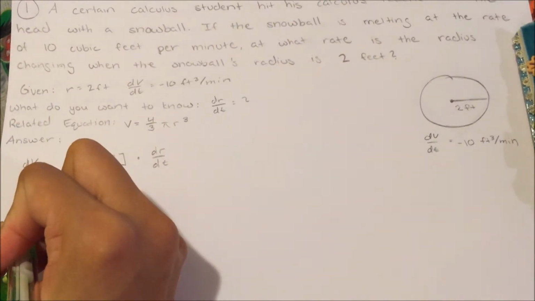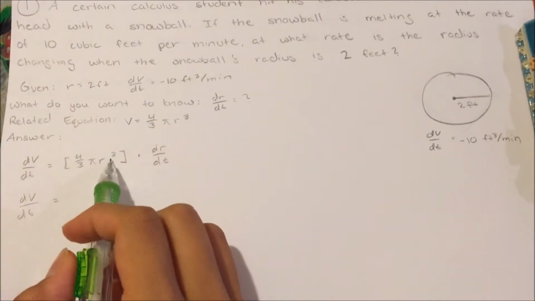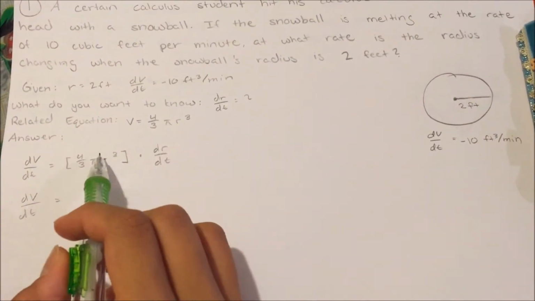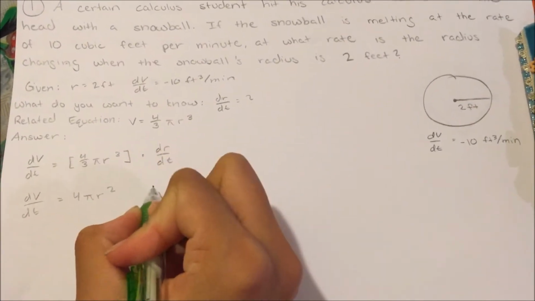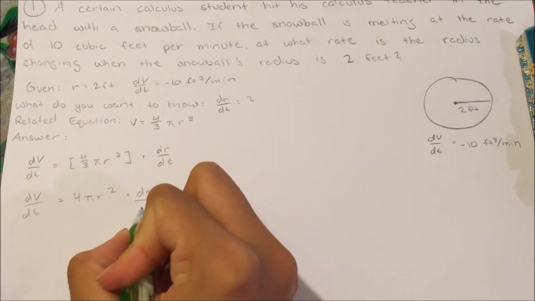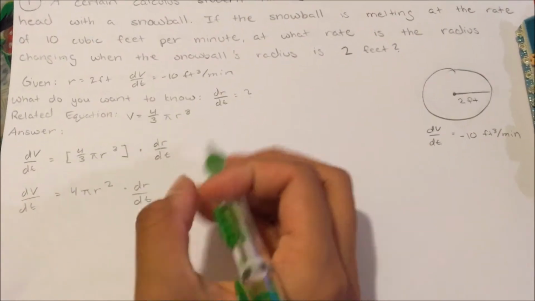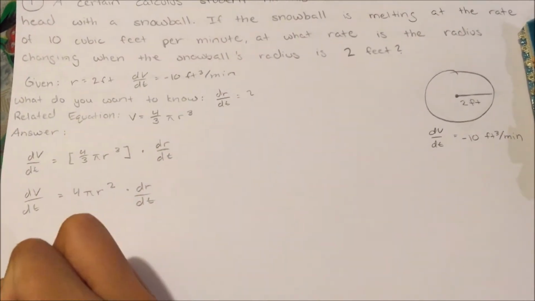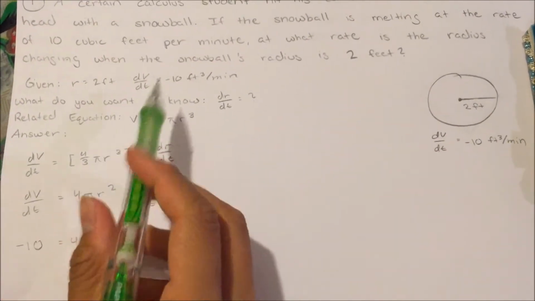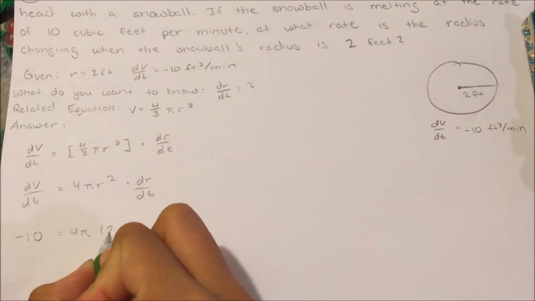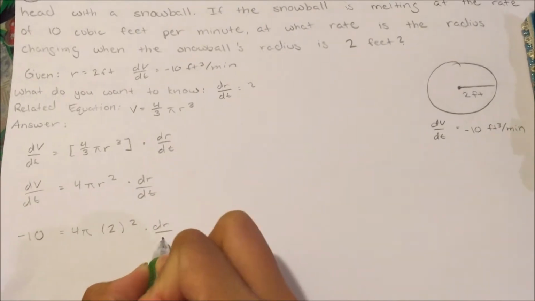So dV/dt, the derivative of this entire equation would be 4 pi r squared times our dr/dt. And if we plug in our numbers over here, our dV/dt, that was our negative 10, equals 4 pi, our radius is 2, squared times dr/dt.